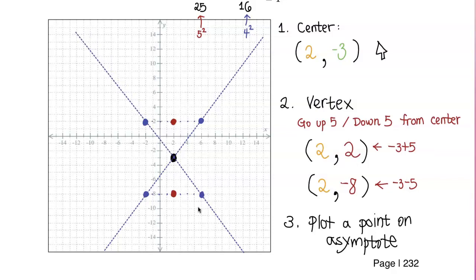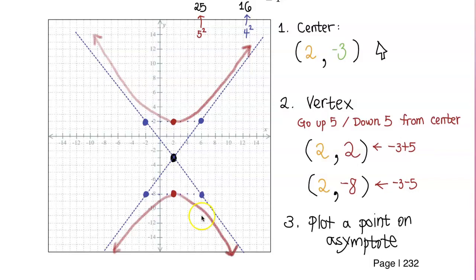But when you do this on ALEKS, they kind of graph the asymptote for you automatically, so that makes it a little easier, okay? Now, after that, all I gotta do is just go back to that vertex, and sketch a hyperbola, getting really close to those asymptotes. And that's all you have to do. Place another one going downward.